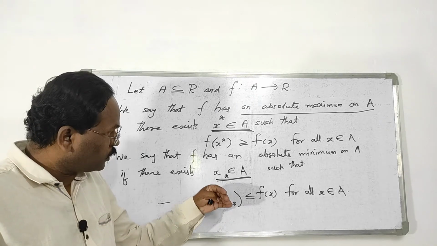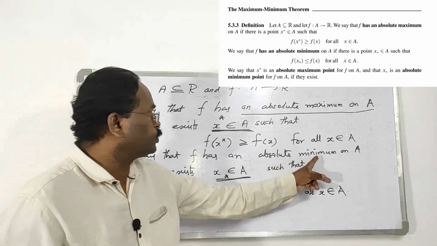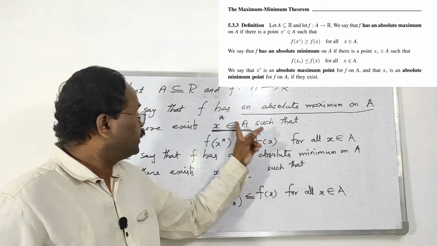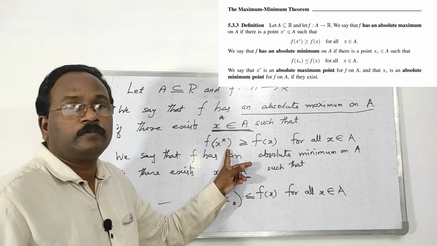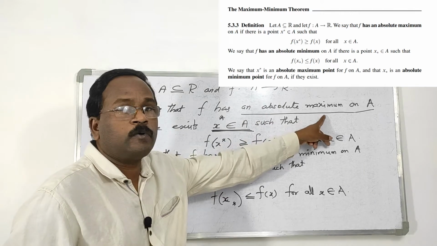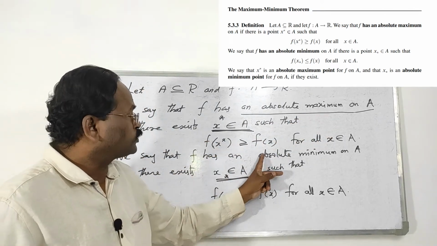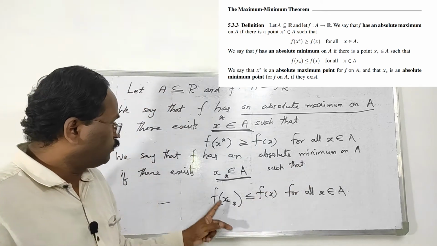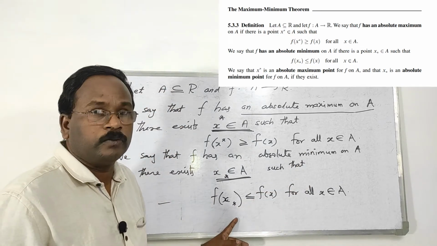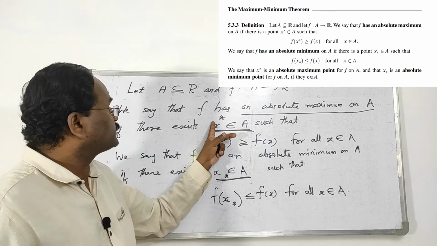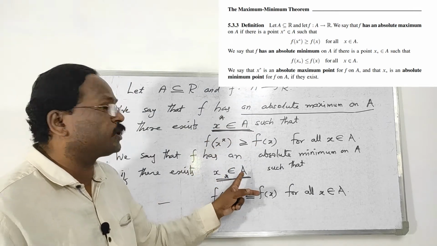Here f at x star is minimum because absolute minimum. Here f at x star is maximum. So absolute maximum on A means f at x star is the maximum value. Absolute minimum on A means f at x star is the minimum value. Both points x star are in A.